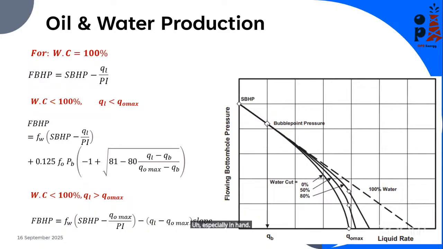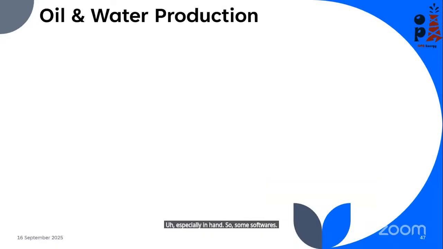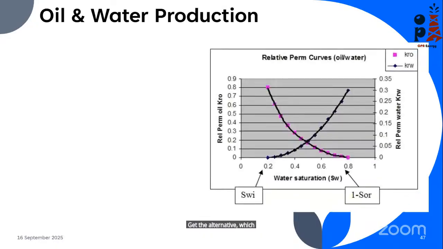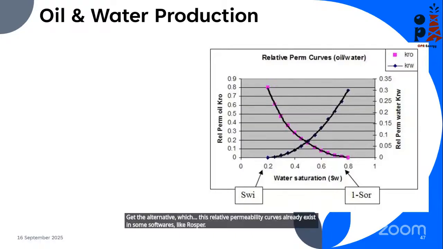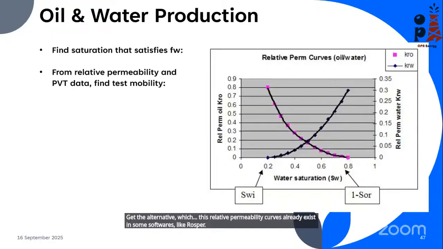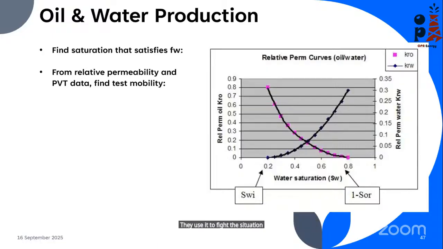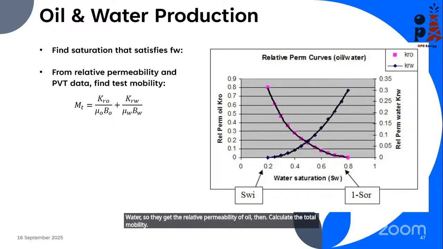So some software gets the alternative, which is the relative permeability curves that already exist in some software like Prosper. They use them to find the saturation. You say I have 50% water, so they get the relative permeability of oil, then calculate the total mobility of this test point.